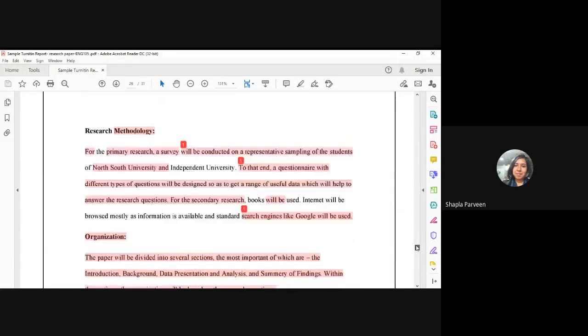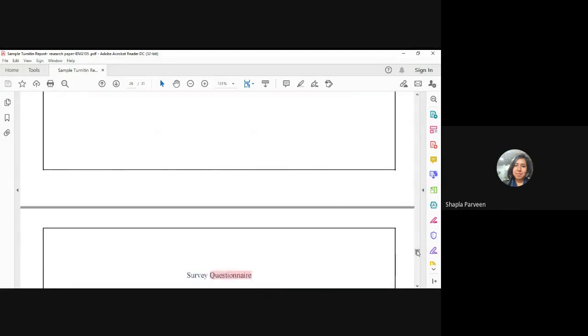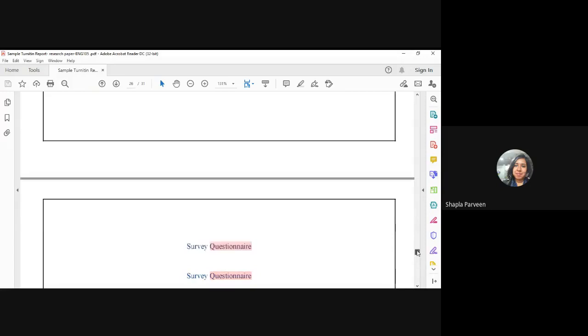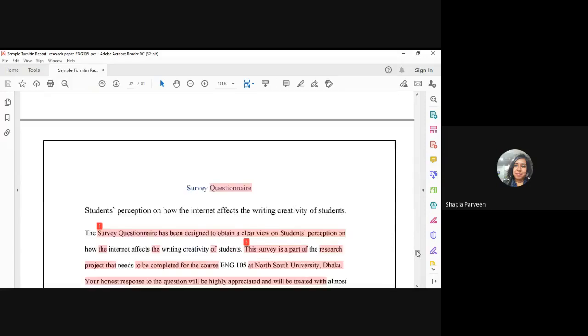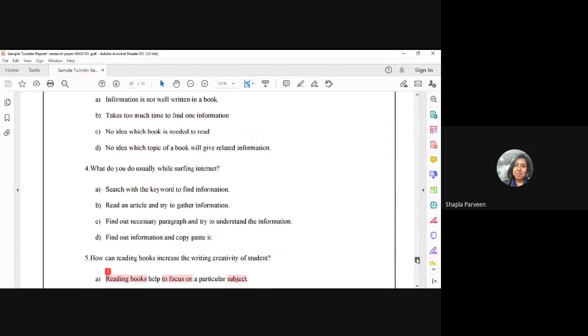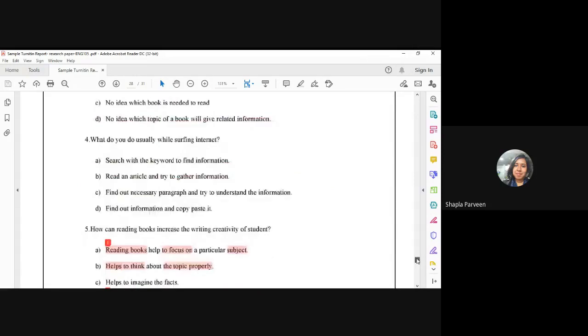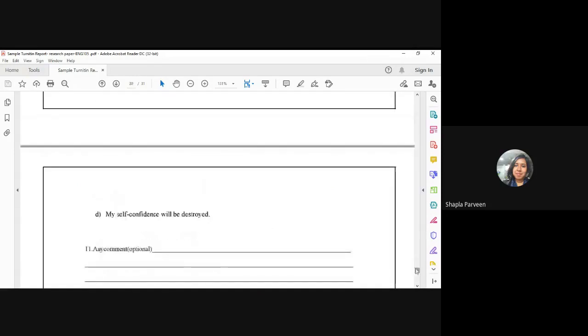Okay. Now, at the end, when we submit the papers in Turnitin, the summary of the report is shown, and this is how it looks. This is what we are going to check here.